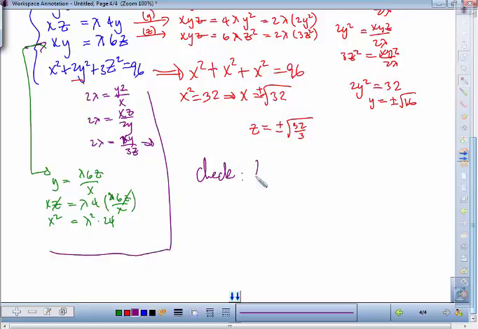So we're going to check f of, consider when they're all positive, square root of 32, square root of 16, square root of 32 over 3, and then all the different combinations.